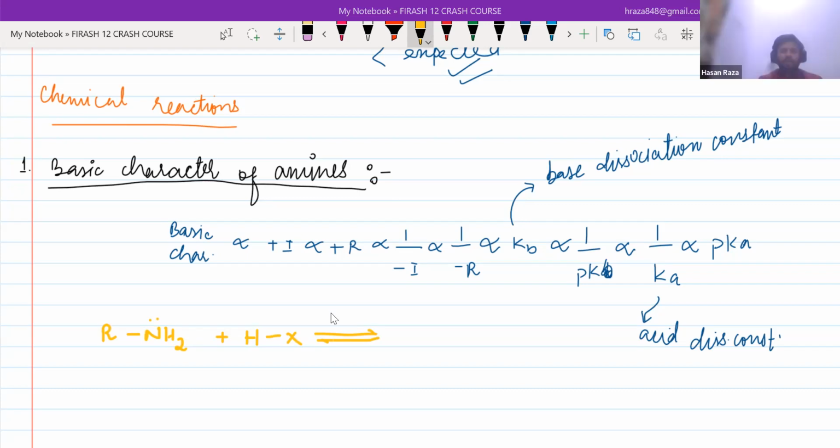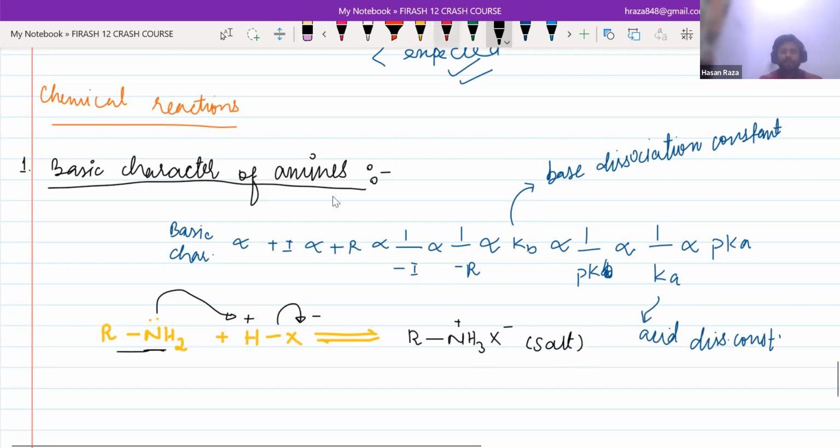So see, this X will be eliminated in the form of negative and this as a positive. And since this will act as nucleophile because it has a lone pair, it will attack here and it forms RNH3 positive, and here it will be negative and it is a salt. Okay. The bond between this and this is ionic.